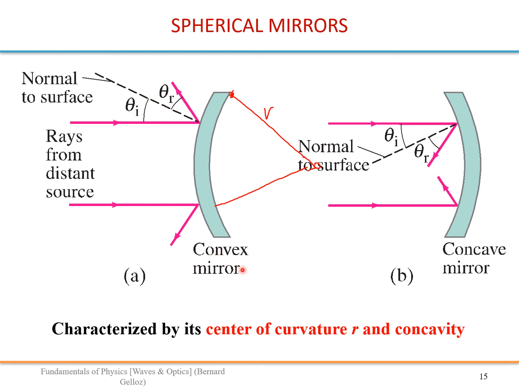For a convex mirror, you have kind of divergence of the rays, but for a concave mirror, they converge towards some zone close to what we call the optical axis of that component. So we are going to define this vocabulary like the optical axis.